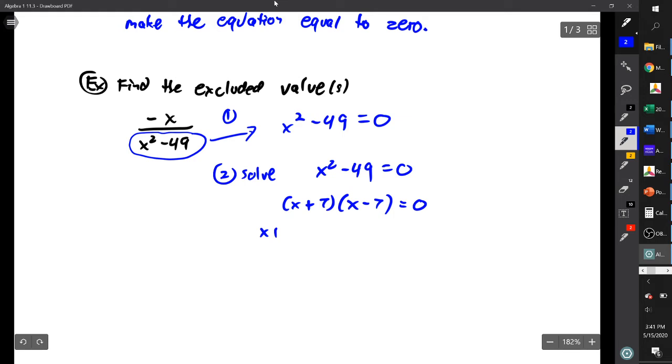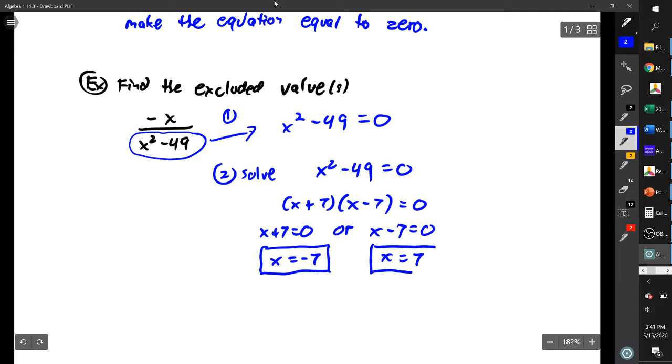So I can say x plus 7 equals 0, or x minus 7 equals 0. So then here x equals negative 7. Here x equals positive 7. These are my excluded values. If I try to plug negative 7 or positive 7 into the original equation, I'll get a denominator of 0, and I will break the universe.